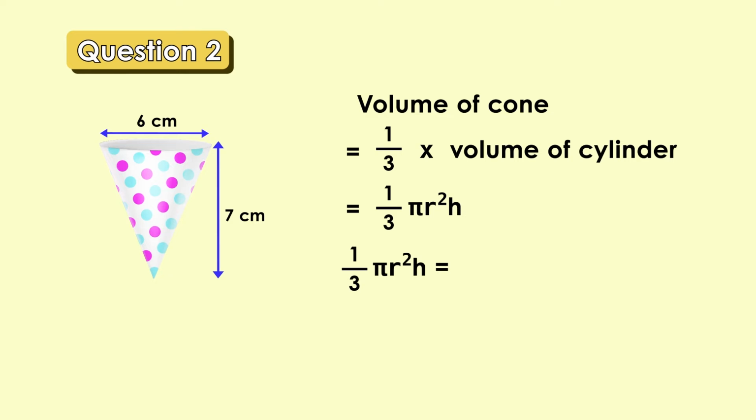Substitute the values into the equation. 1/3 multiplied by 22/7 multiplied by 3 square multiplied by 7. What is your final answer? Good job! The volume of the cone paper cup is 66 cubic centimeters.